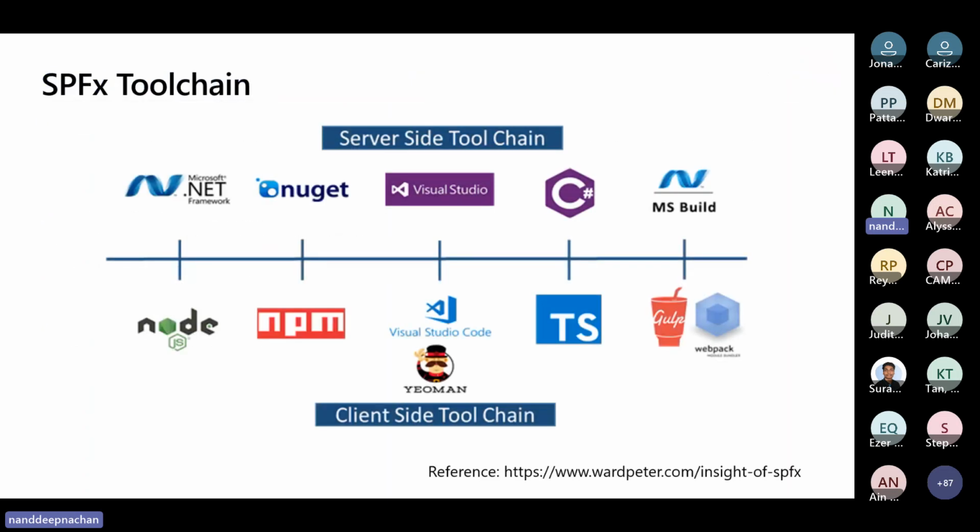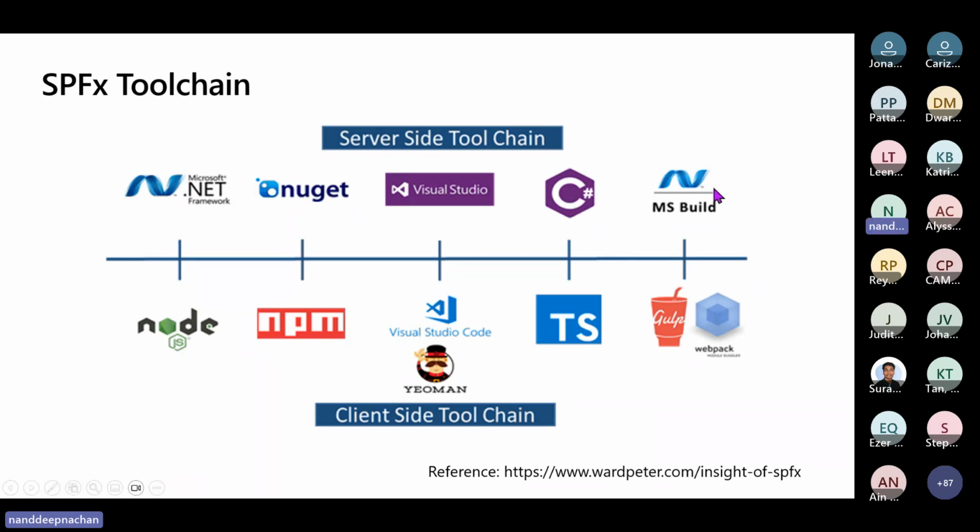All right, so this is the SharePoint Framework toolchain that we have got. These are the tools needed to get started on your journey of developing solutions with SharePoint Framework. The top side here is the server side toolchain. If you are coming from a server side background, developing solutions using C# or .NET, then these are the things that you see on the top.